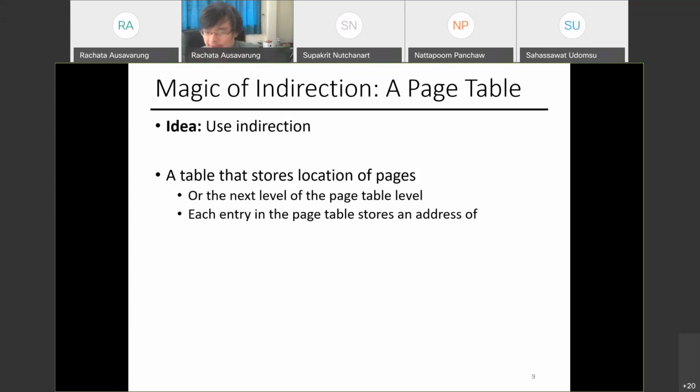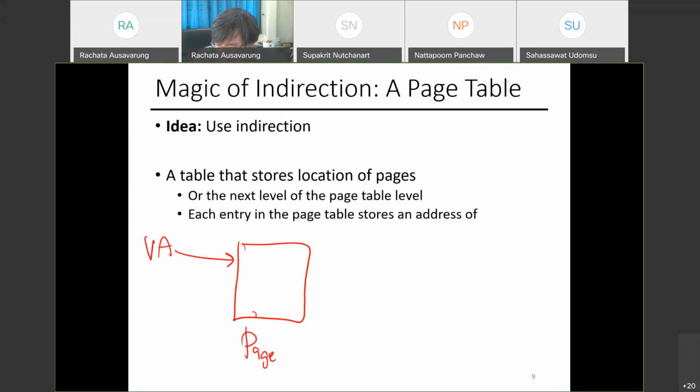Because right now I'm sure this is a little bit confusing. Everything here is new. You have a virtual address, and your virtual address would be used to look up the page table. It would be used to look up the table that stores the entry, the location of the page, so which page stores my data, because the virtual address maps to some physical page.